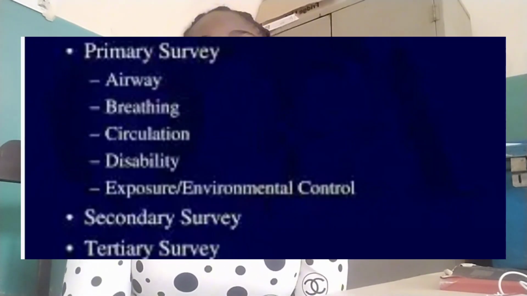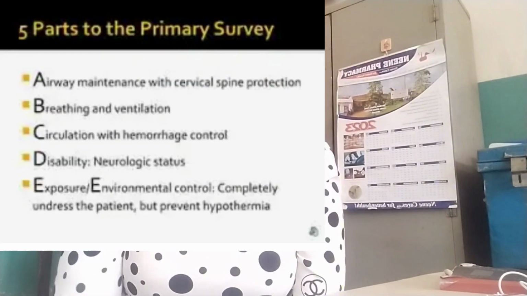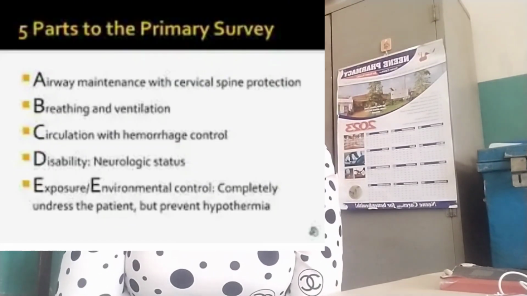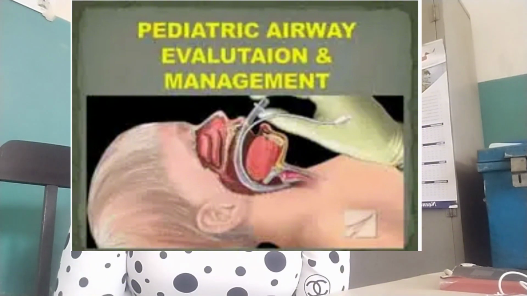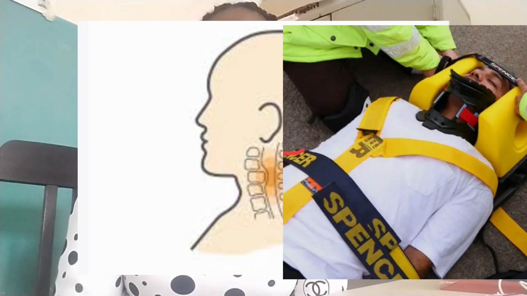For the treatment of polytrauma, generally it employs primary survey, secondary survey, and tertiary survey. In primary survey, we have ABCDE, with the airway. Airway, as we had mentioned before in the previous video, in trauma cases we always suspect injury of the cervical spine, thus immobilization of the cervical spine.